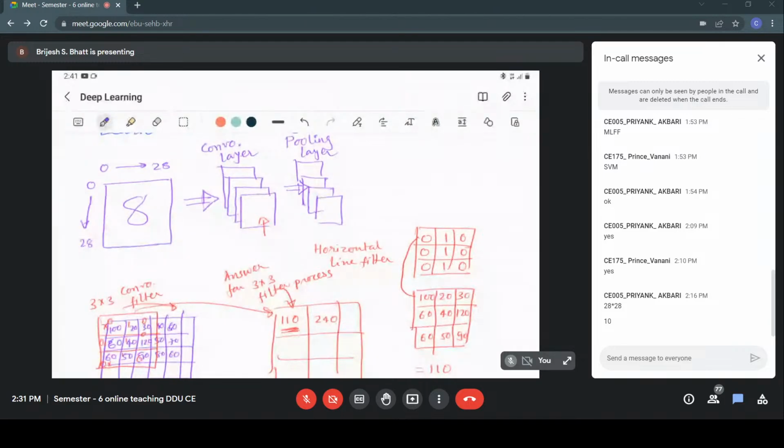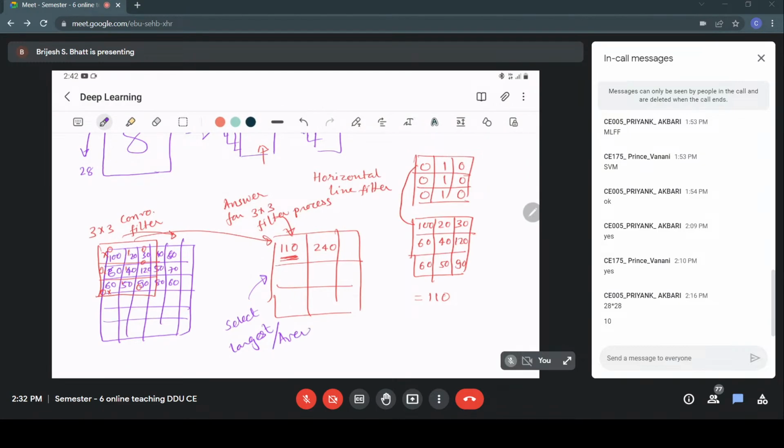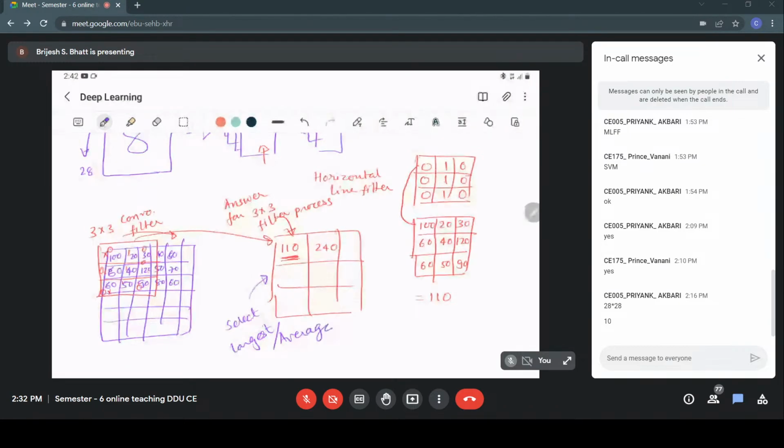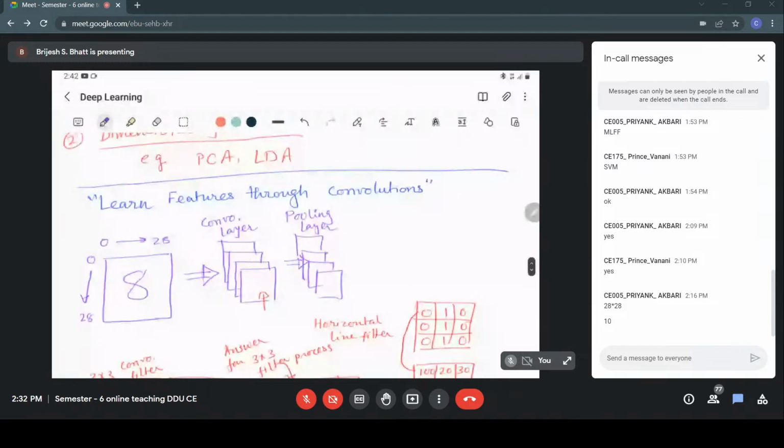I would just say that the pooling layer will reduce the size of the data further by selecting the largest from this, or selecting the average, so that the data size can further be reduced. So it can be max pooling or average pooling and all that.